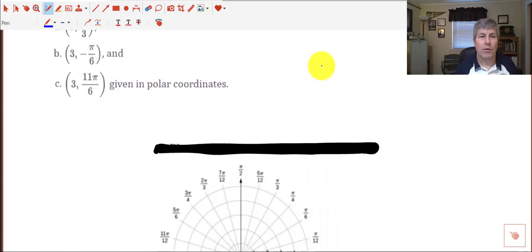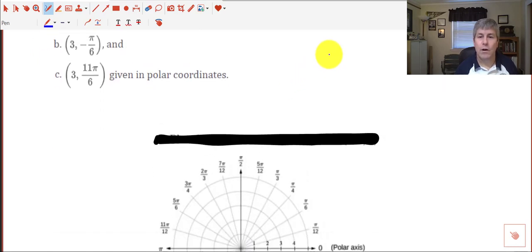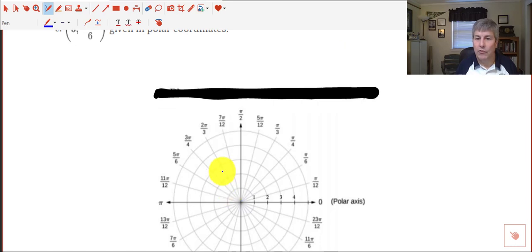So let's go ahead and plot some points on the polar plane. Our first point we're going to plot is (2, pi over 3). So I can see 2 on my polar axis, and that's going to go in a circular fashion, and then my angle is pi over 3, and I've plotted our first point, point A. This point B is (3, negative pi over 6).